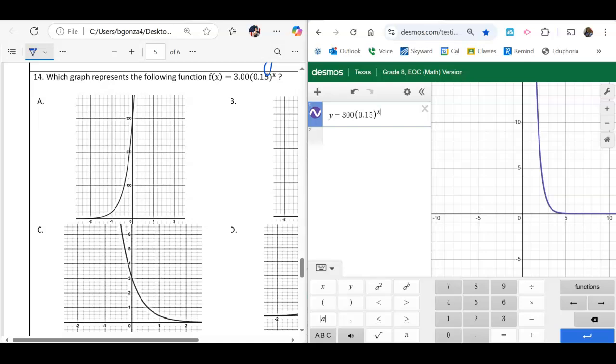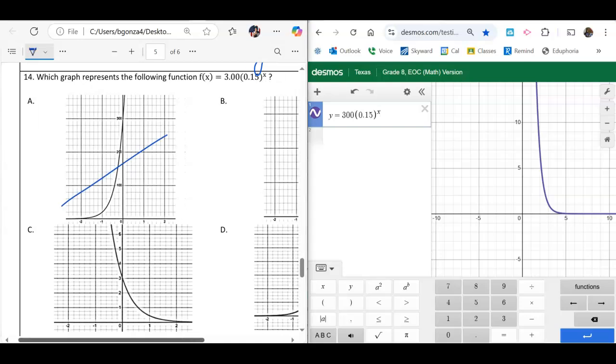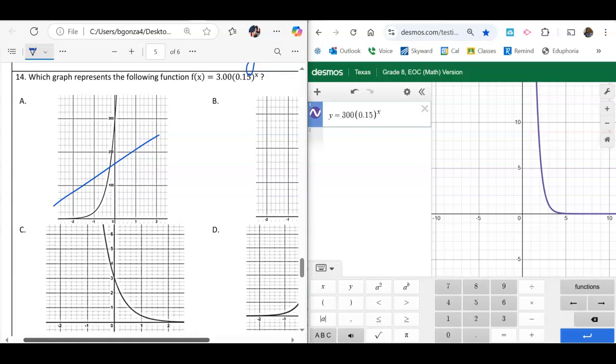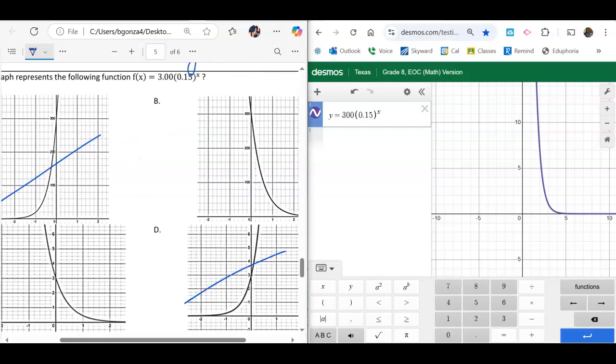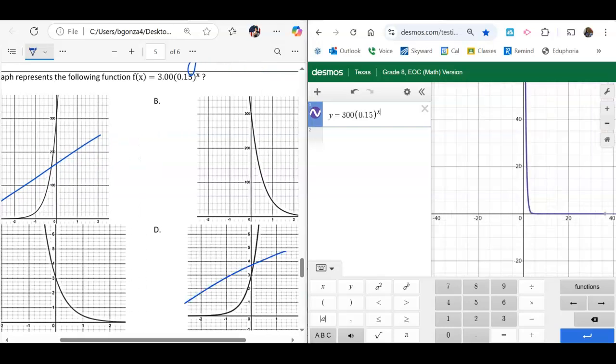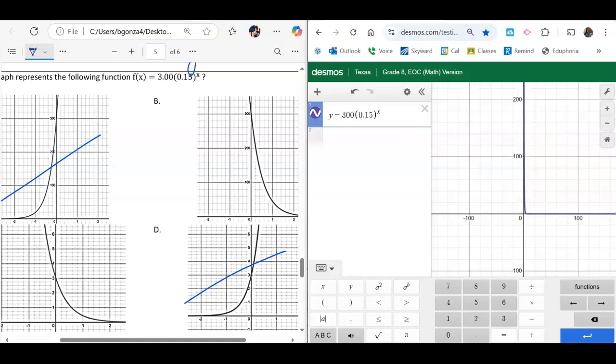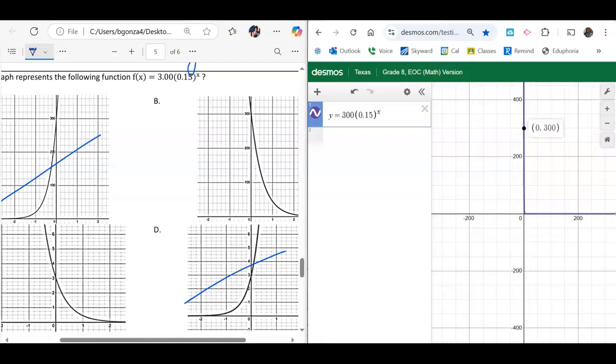Now just looking at the shape of it, A doesn't have the right shape, B does, C does, D does not. Now if I zoom out a lot, the y-intercept is at 0, 300. 0, 300 is here. 0, 3 is here. Which one has the right y-intercept?